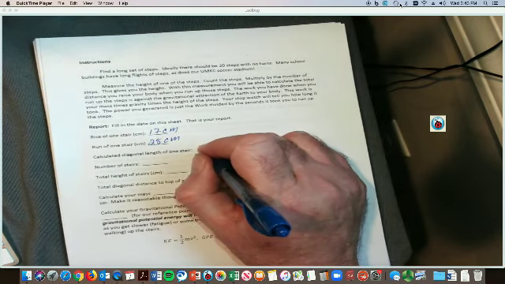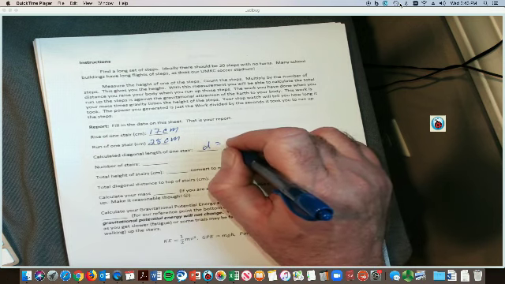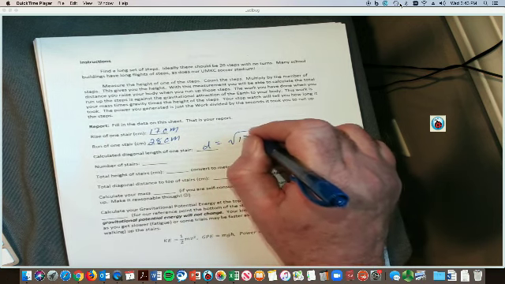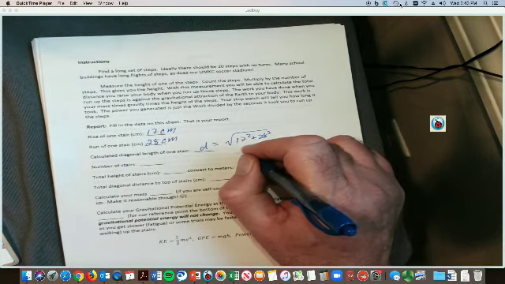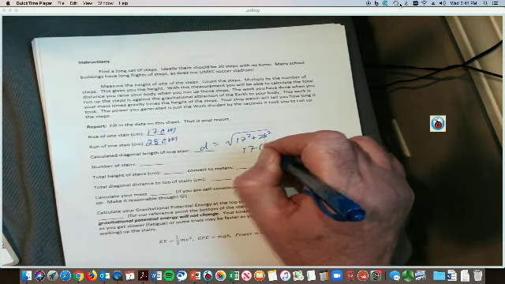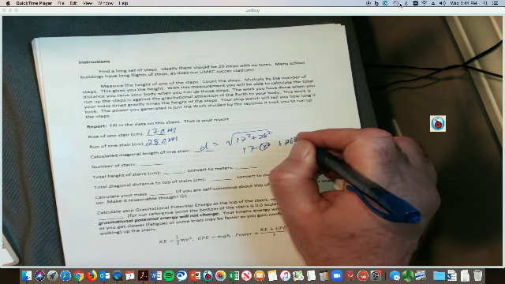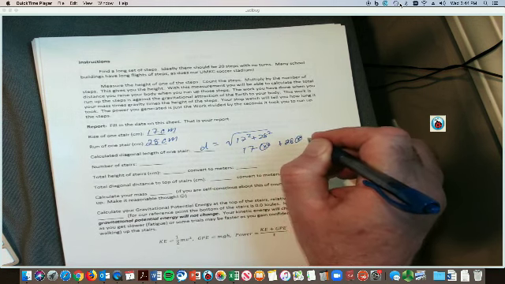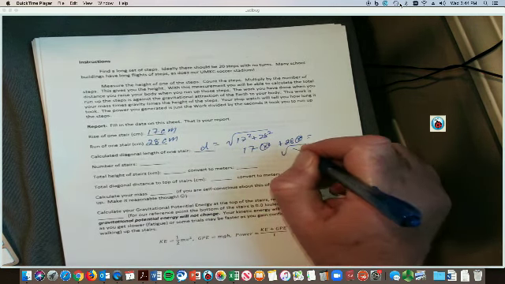Well, the diagonal length would equal the square root of 17 squared plus 28 squared. The way I did this on my calculator, I just went 17, hit the x squared, plus 28, hit the x squared key, hit equals. Then you get a number, and then hit your square root button.